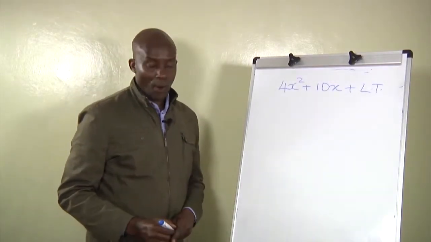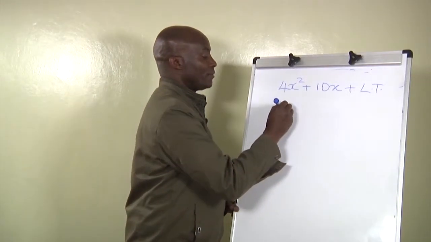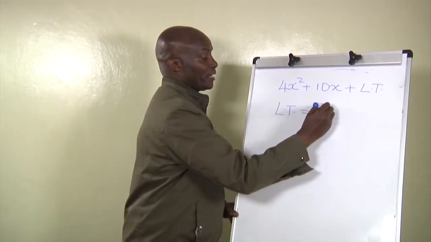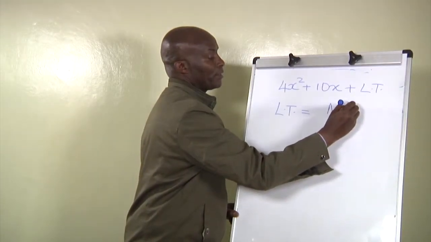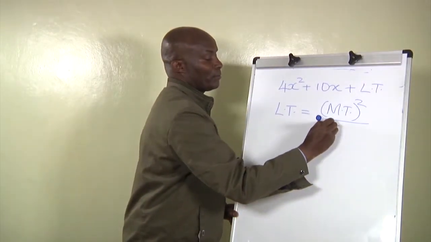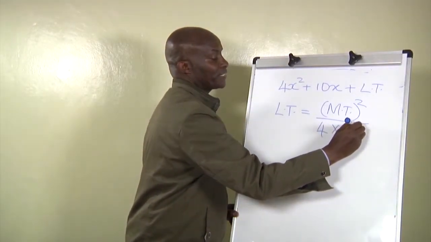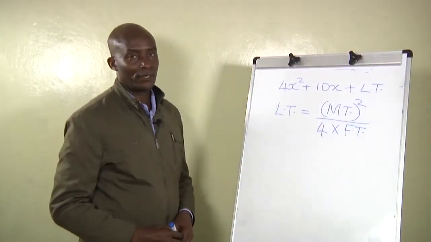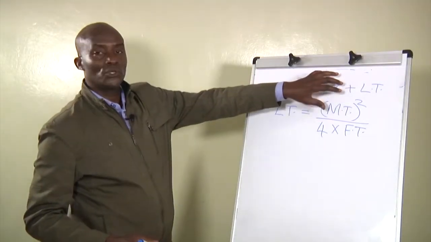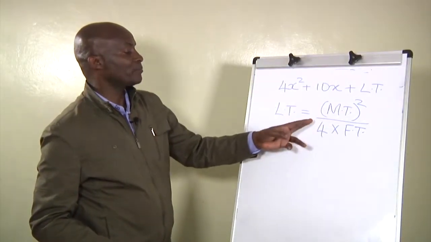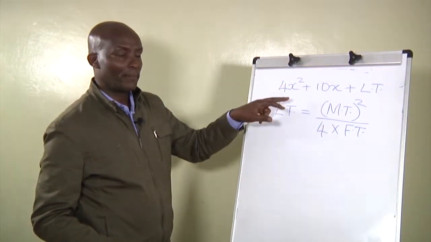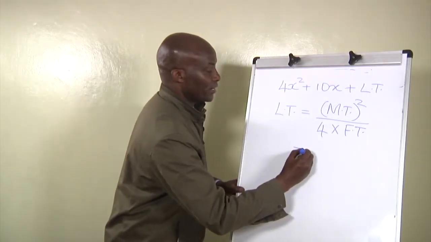Going by our formula, the last term will be equal to the middle term squared divided by 4 times the first term. So that means you take the middle term, you square it, then divide that by 4 multiplied by the first term. So let us do that.